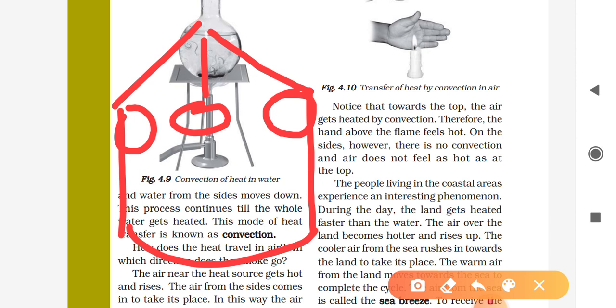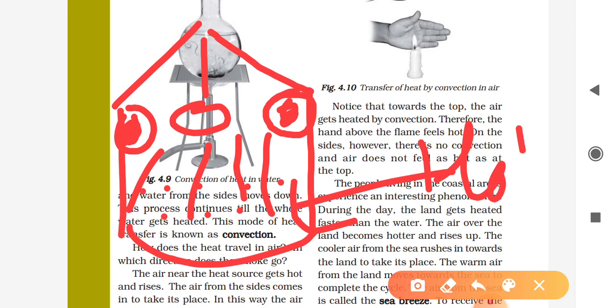In summer, when your room gets hot, the air present in the room gets heated, so because of the heat it goes in the upward direction. If these holes are not present, the heat will not go outside, so the room will get hot.